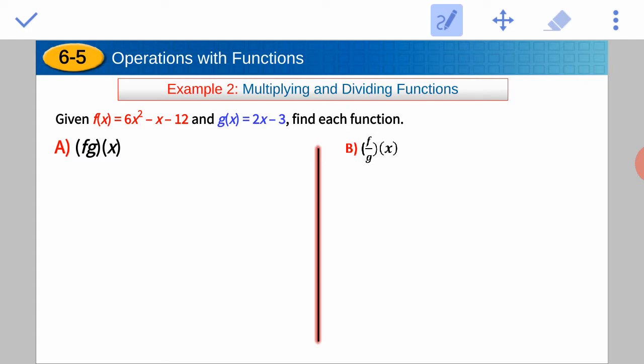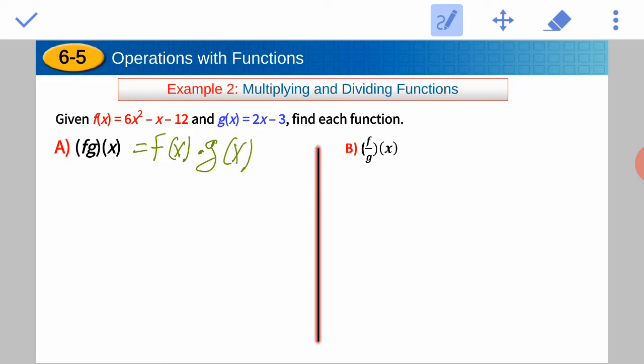Take this example. We are given two functions, f of x in red and g of x in blue. First, we need to find the product of the two functions. Later, we need to find the quotient of the two functions. What is the rule of multiplication? The rule of multiplication, f g of x, is f of x dot g of x.